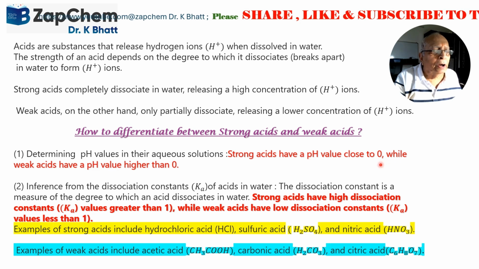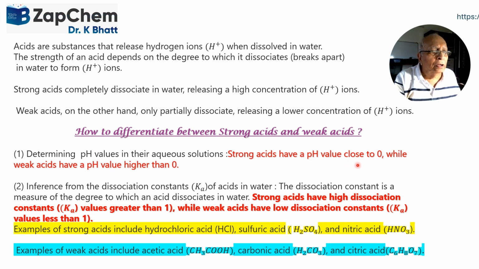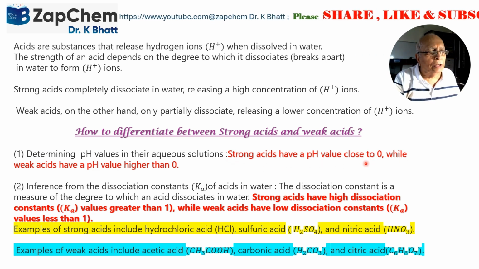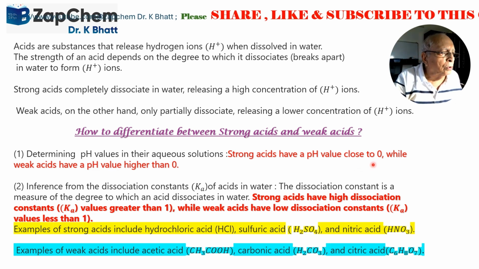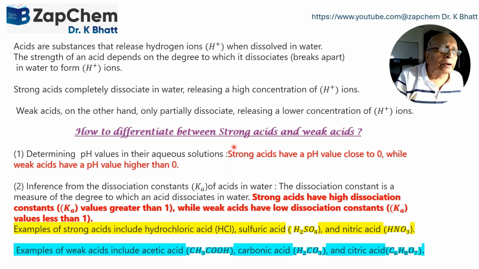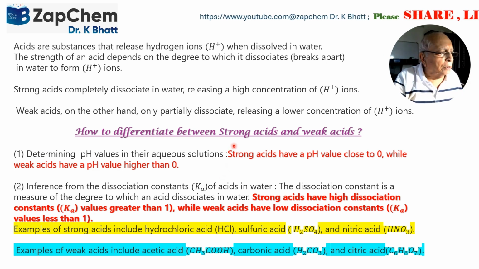Their pH value is nearly equal to zero. Strong acids have a pH value close to zero, whereas weak acids have a pH value which is greater than zero. Of course, it is less than 7.